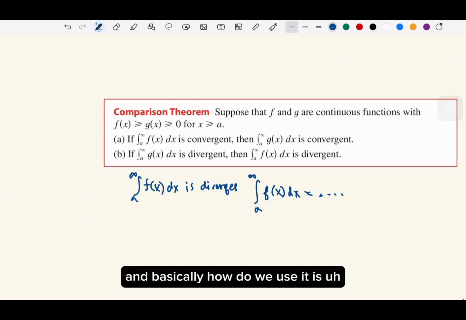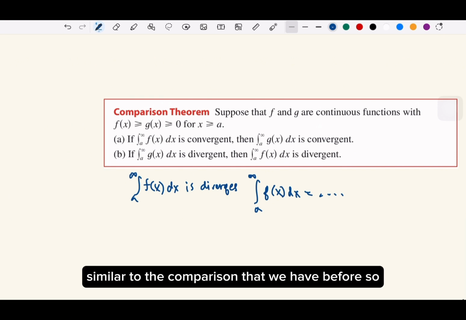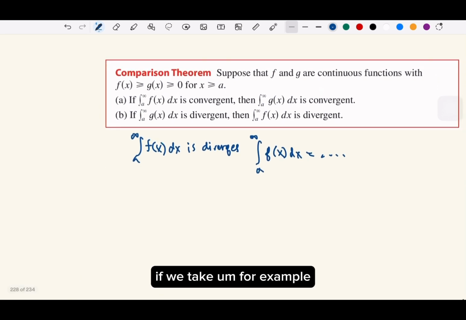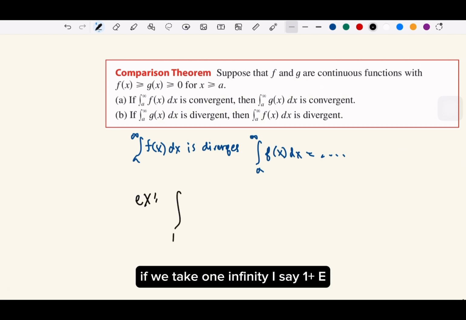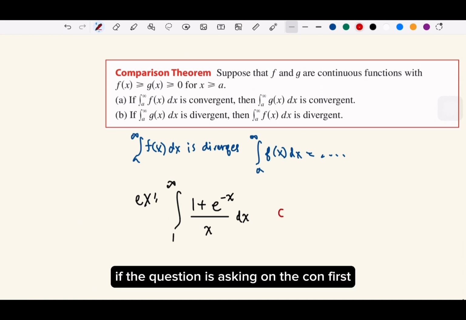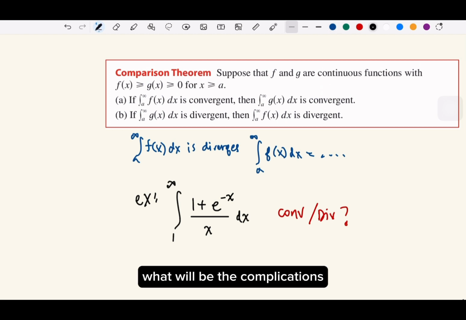And basically, how we use it is technically similar to the comparison that we had before. So if we take, for example, the integral from 1 to infinity of, let's say, 1 plus e to the power of negative x, if the question is asking only whether it converges or diverges, then we don't really care what the computations are.